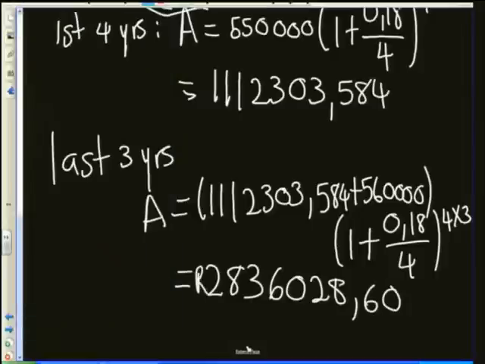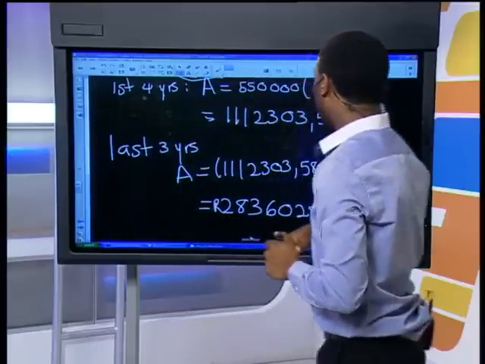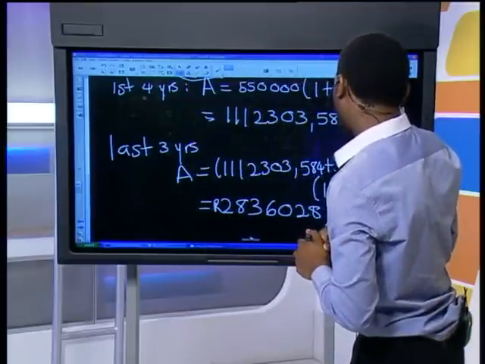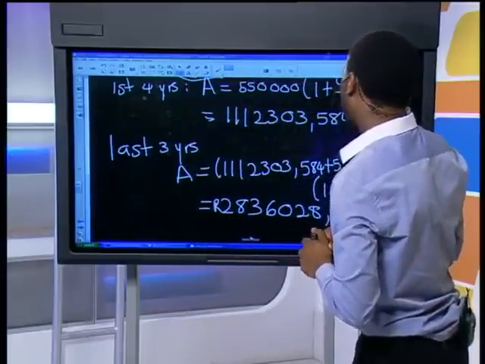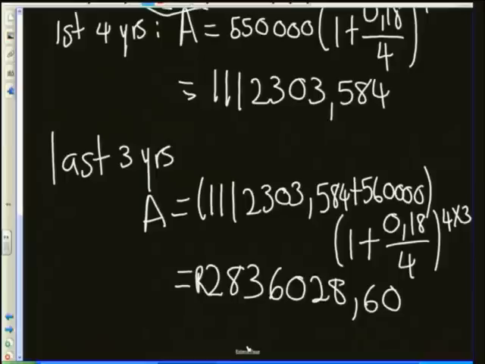So this is the amount of money that she pays off at the end of the 7 years. It looks like 2,836,028 rand and 60 cents.